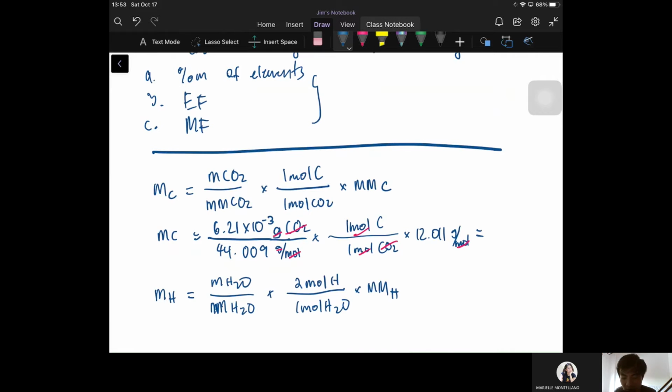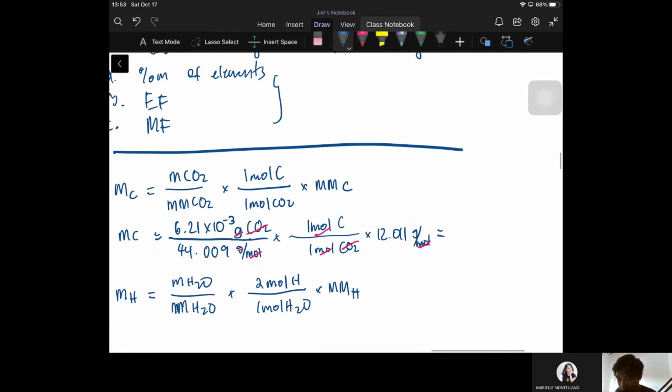Hanapin natin yung mass ng carbon. 6.21 times 12 divided by... ano ko na ha, scientific notation ko na. 1.69 times 10 raised to negative 3 grams, or in milligrams, para i-convert yan sa milligram times 1,000 lang.